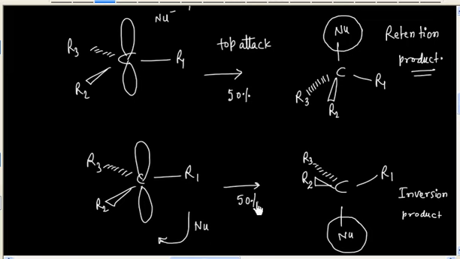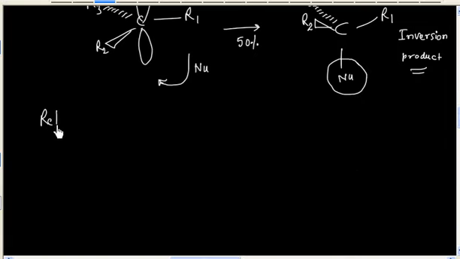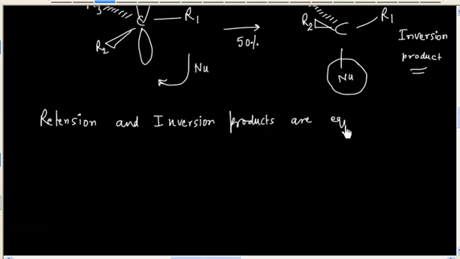So we will have 50-50% attack. So we will have retention product and inversion product in equal amount.